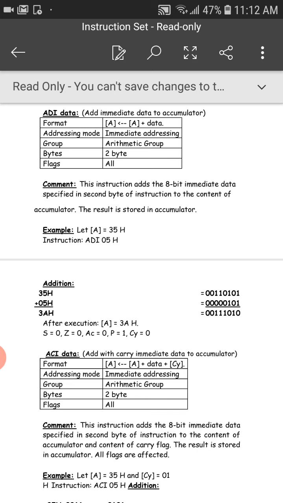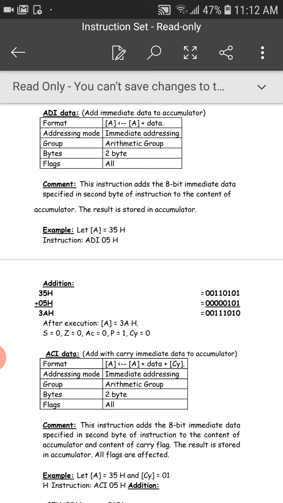So again accumulator content 35, the instruction is ADI 05H, so 35 will be added to 05. See here, the binary of 35 is 00110101 and 05 is 00000101. So after execution we will get 3BH and your flag values are the same, because our data is also the same.